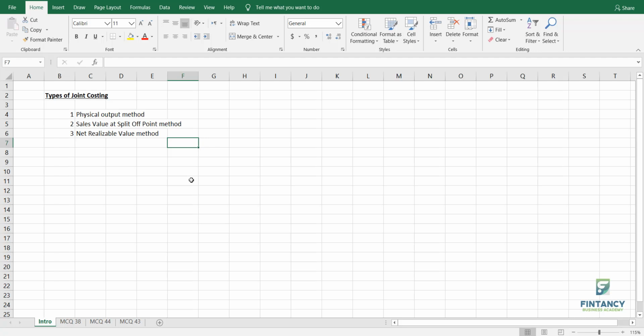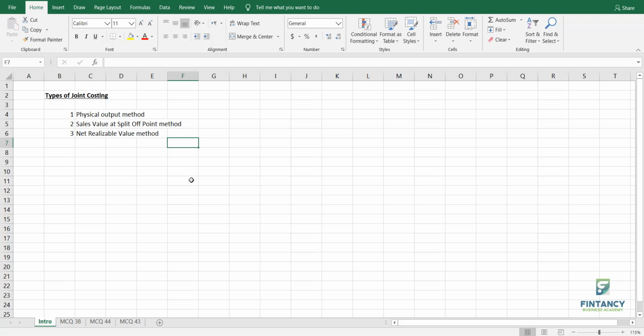It means 50-50. So you can say, okay, it's very simple. The cost of the crude oil, 50% you give to petrol and 50% you give to diesel. So this is called physical output method.